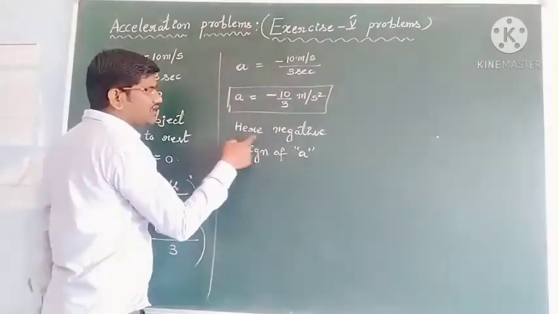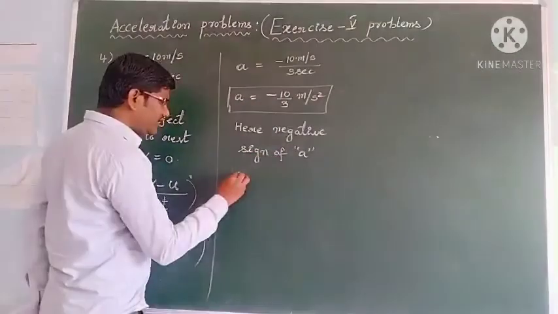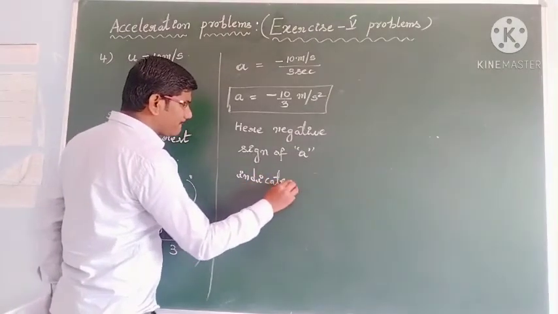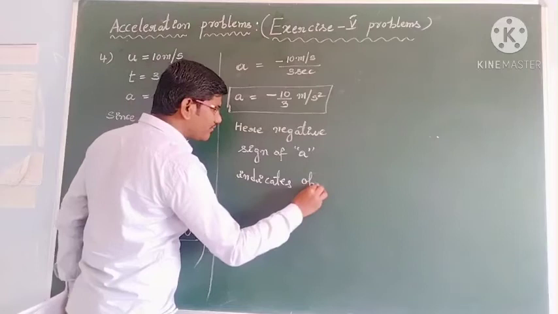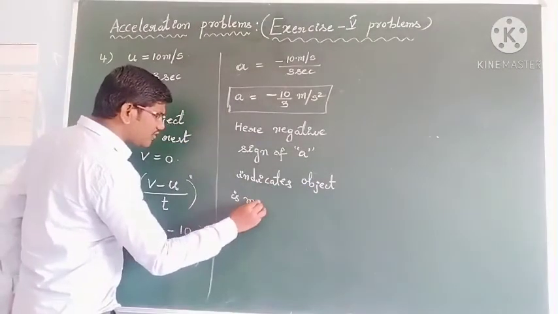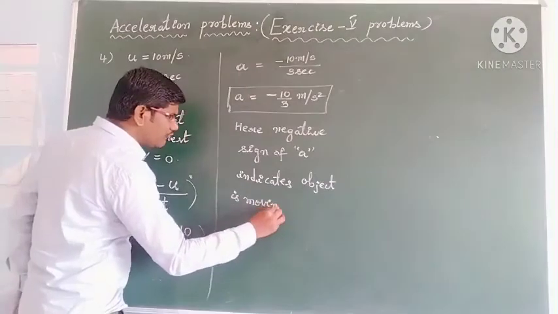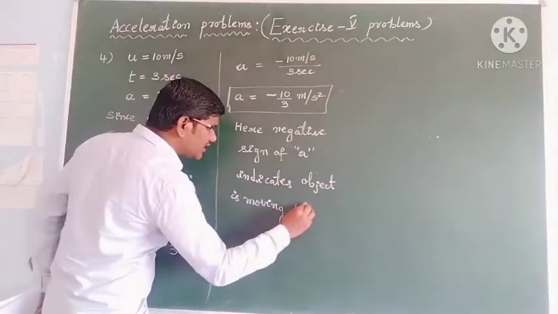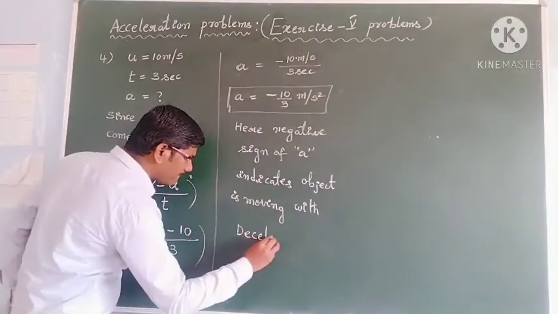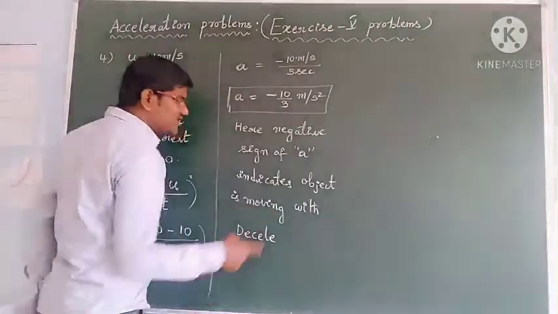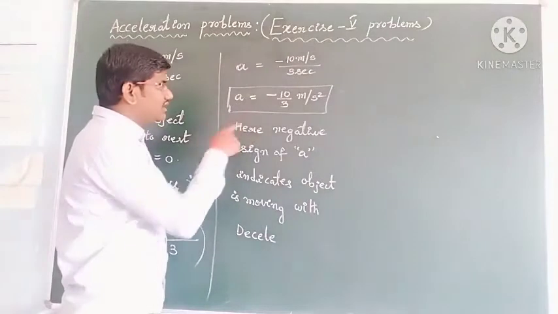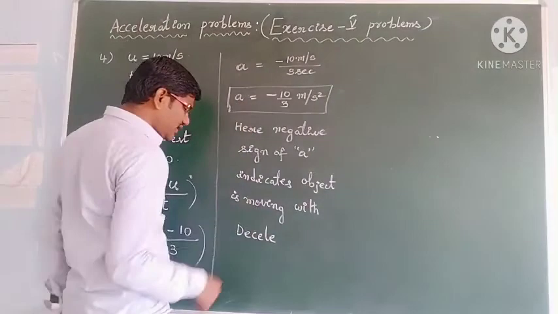This negative sign of a indicates the object is moving with deceleration. Deceleration means its speed is decreasing. The negative sign in the acceleration indicates it is a deceleration.